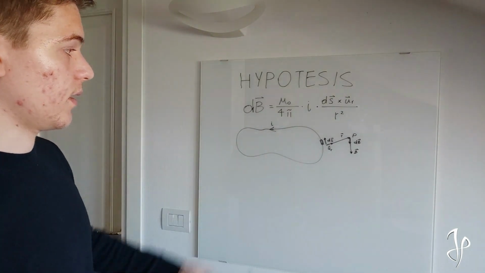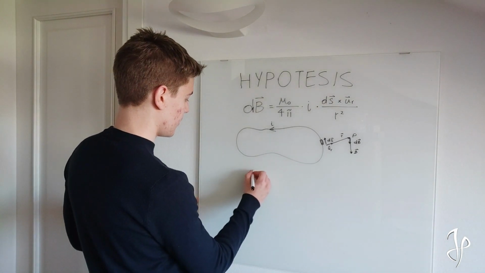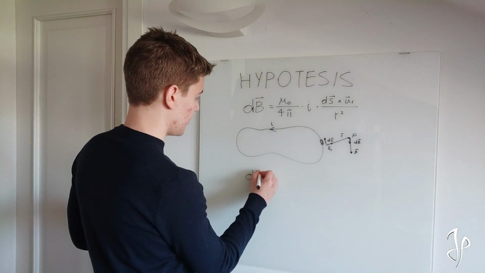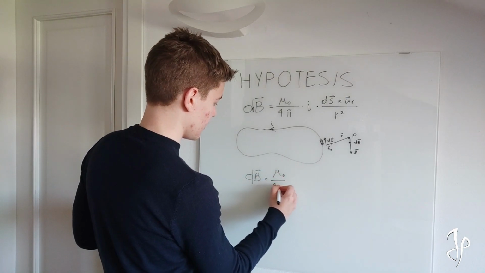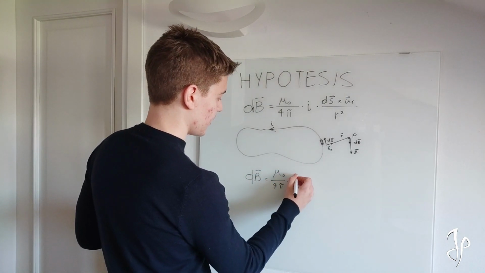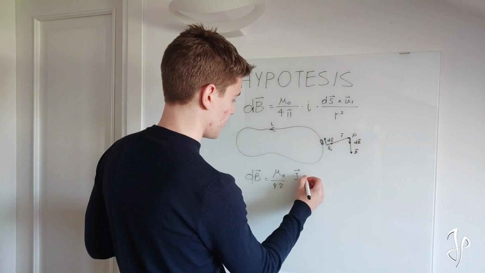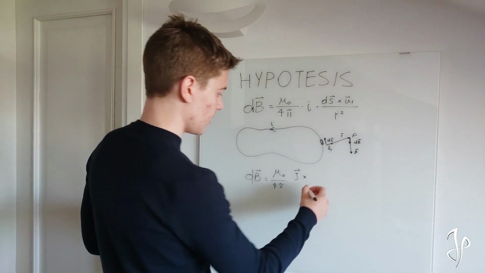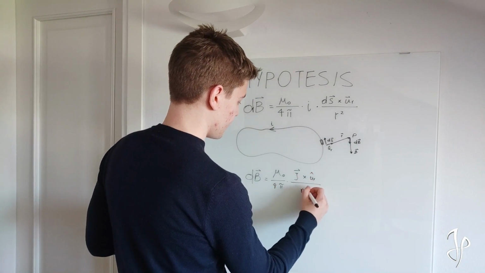The other expression says that the infinitesimal term of magnetic field is equal to the constant, as always, multiplied by the current density vector J, cross product between J and mu r over r squared.